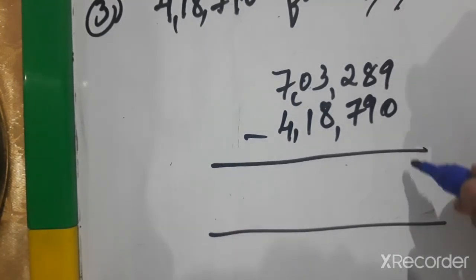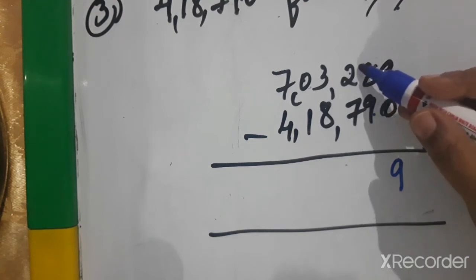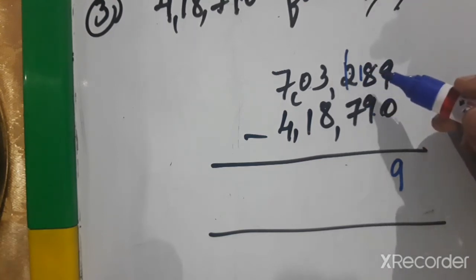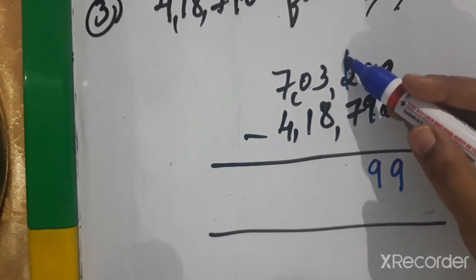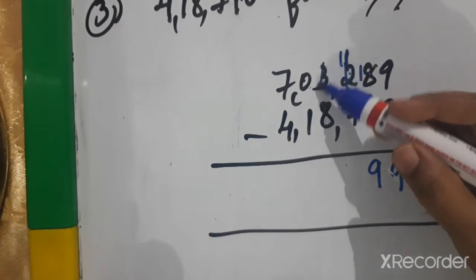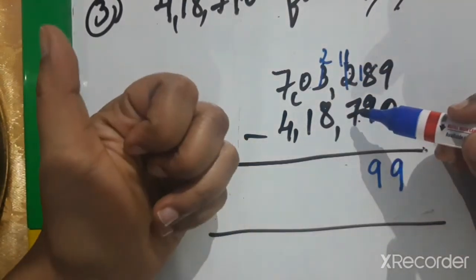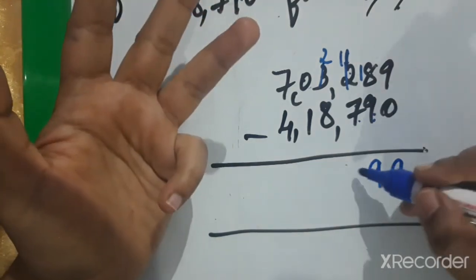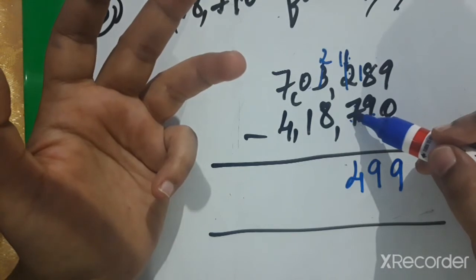Now 9 minus 0 is 9. 8 minus 9 we can't subtract, borrow 1 from here. So here 18, and this is now 1. 18 minus 9 is 9. Now 1 minus 7 we can't subtract, borrow 1 from here. So this is now 11, and this is 2. 11 minus 7 means 8, 9, 10, 11. So equalize 7 to 11, we get the subtracted value.